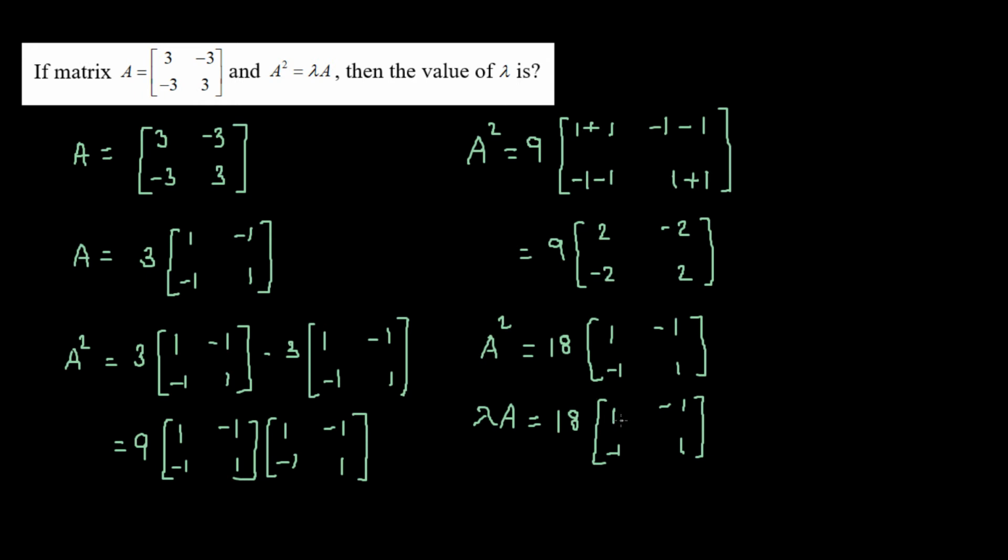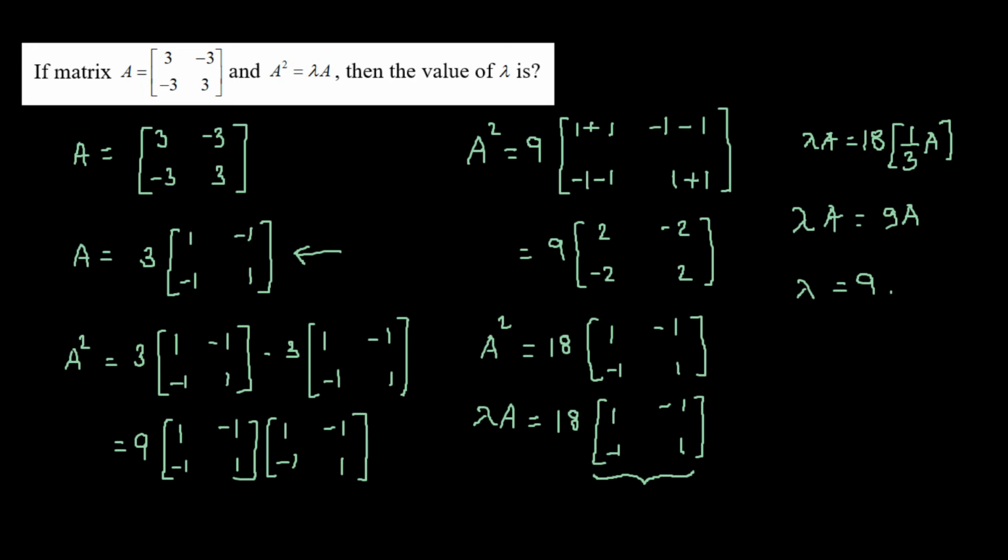So here we see that this matrix is actually 1/3 of A. So that means we can write lambda A is 18 times 1/3 of matrix A. So this is lambda A is 9 times A. So when we compare both sides, we get lambda is equal to 9. So that's the value of lambda.